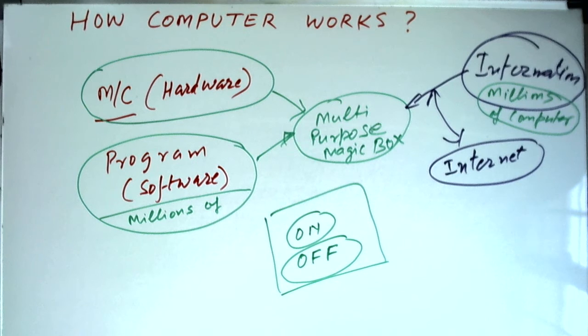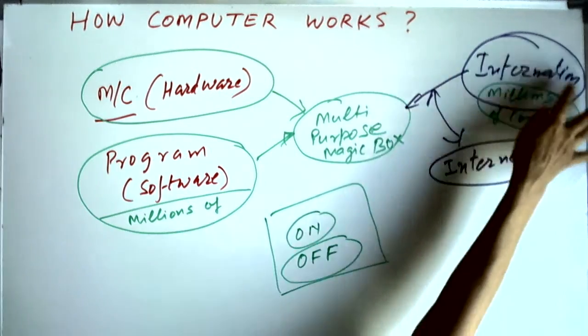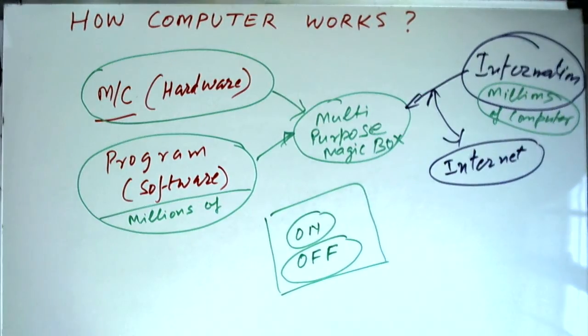And I have mentioned to you that if you want to get started, the best thing is you get a netbook, which costs you between 10,000 to 15,000 rupees, and then you also need an internet connection. Otherwise, you will not be able to access the information world. Thank you.